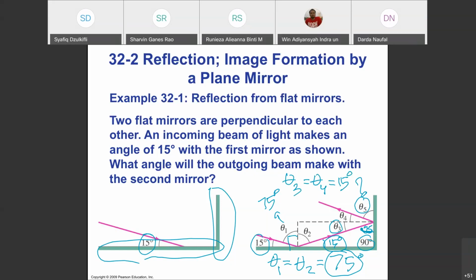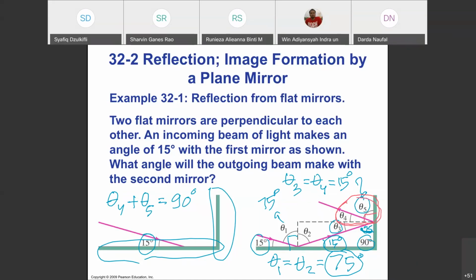I hope you can follow this one. So theta 4 plus theta 5 equals 90, because this is perpendicular, right?